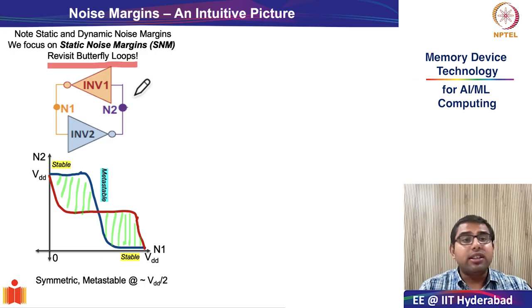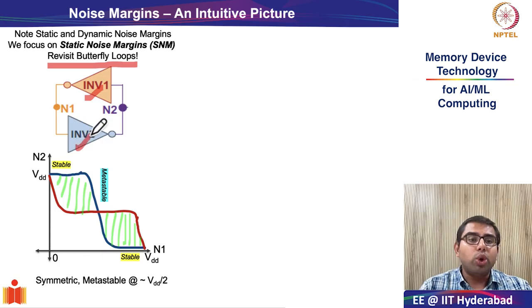Now let us revisit the butterfly loops. In the butterfly loops, we had inverter 1 and inverter 2, and they were cross coupled such that the input to inverter 1 was the output of inverter 2 and vice versa.